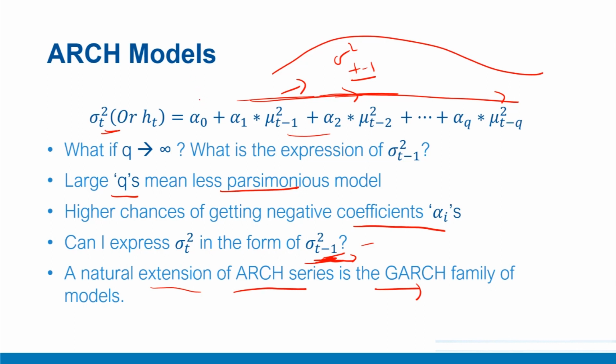However, the ARCH family of models has its own set of problems, such as it has slightly less parsimonious structure, and we also have to externally put constraints so that all the coefficients remain positive. To account for these problems, a natural offshoot is a GARCH family of models, which is essentially derived from ARCH family of models, which we'll discuss in the next set of videos.